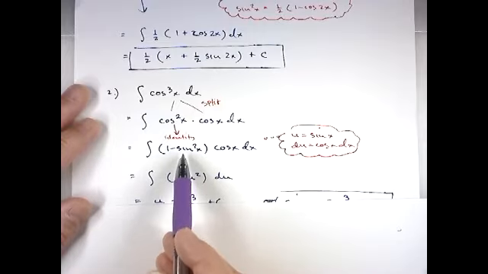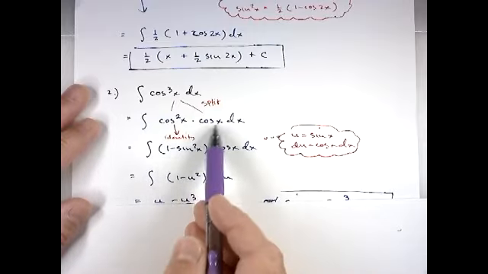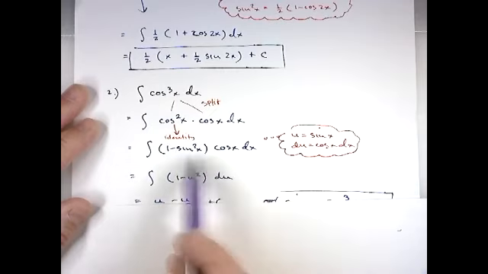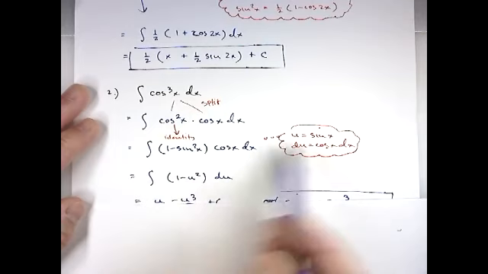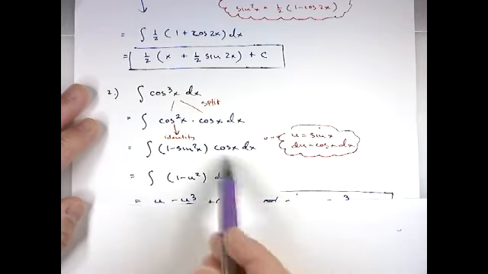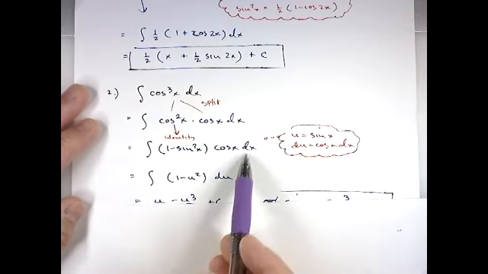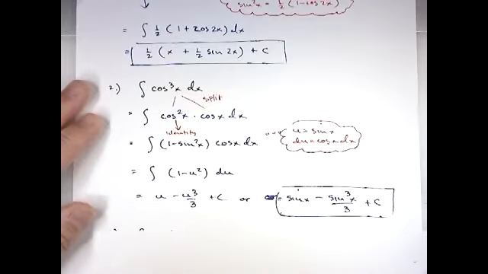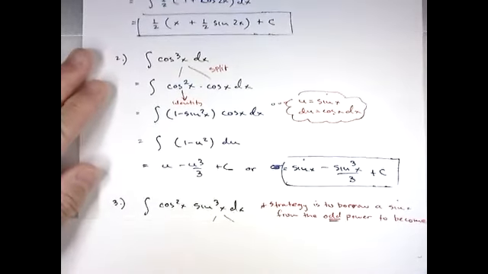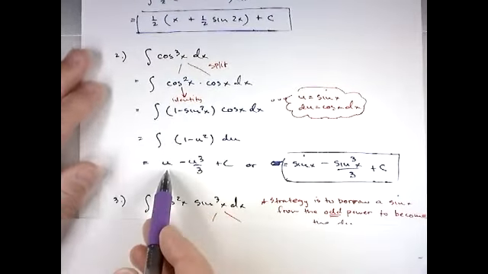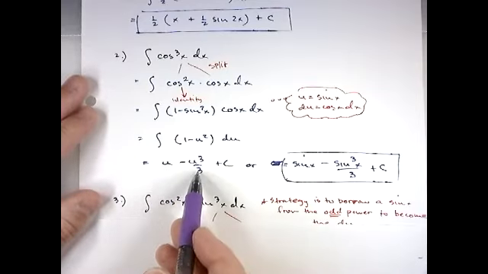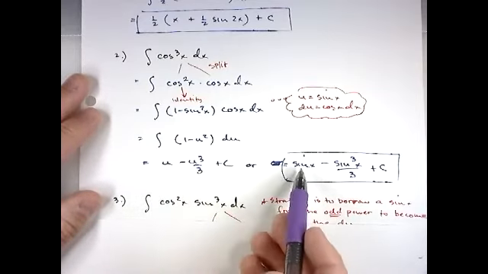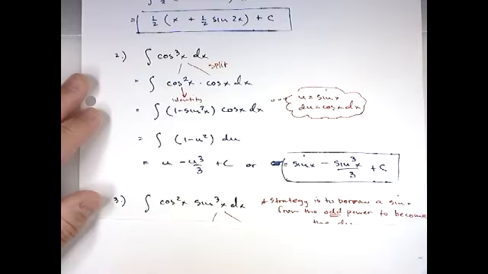The reason we use it is that with this extra cosine hanging out here, we can now do a u-substitution. We let u equal sine of x, du would be cosine of x dx. It's a perfect match. That turns into 1 minus u squared du, which integrates to u minus u cubed over 3 plus a constant. Plug your u back in, and you've got it.